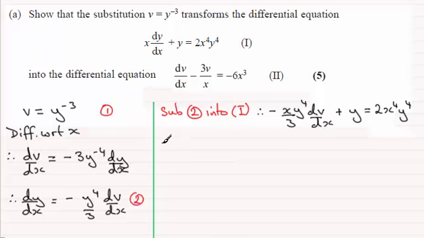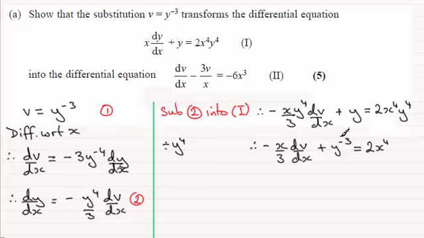So let's just put a note here, divide by y to the power 4. I'll do it in just slow stages, okay? So therefore we've got minus x over 3 dv by dx plus y to the minus 3 equals 2x to the power 4.